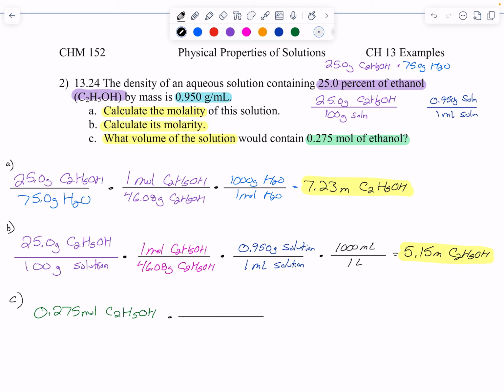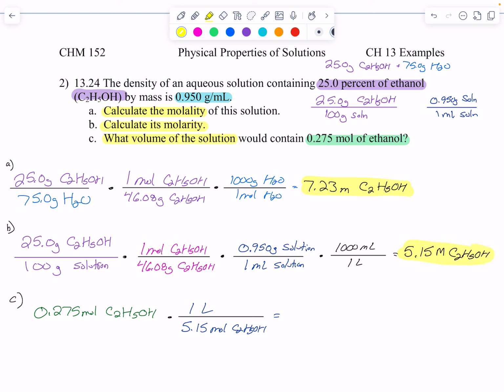And our molarity of 5.15 moles of C2H5OH is 1. We want 1 liter equals. Now I need to point something out that I did. That needs to be a capital M here. Sorry about that.